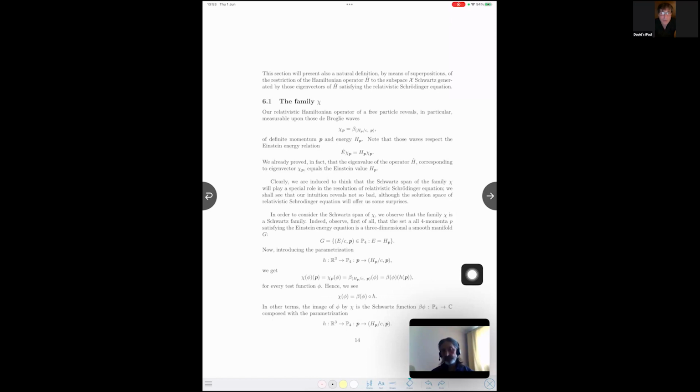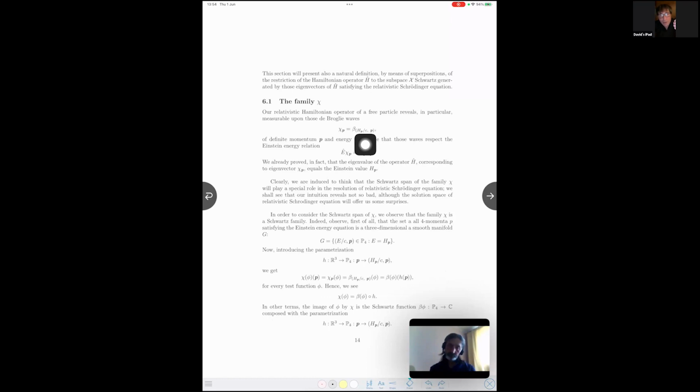It's absolutely clear. So we introduce a partial family of the de Broglie waves. This partial family requires that the energy component of our four-momentum should be the value of the relativistic Hamiltonian H calculated at the 3-vector P. So we have H(P) over c, P as a 4-vector.